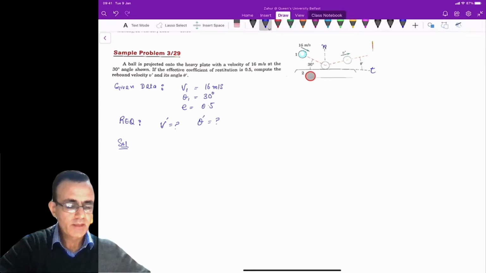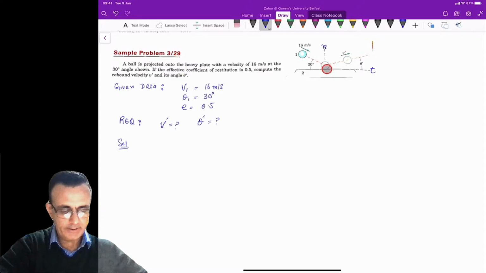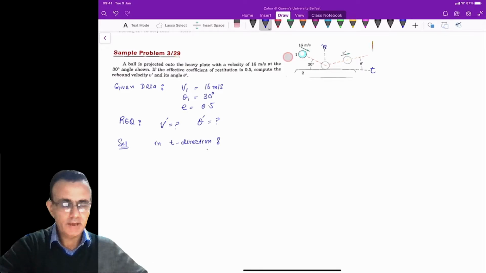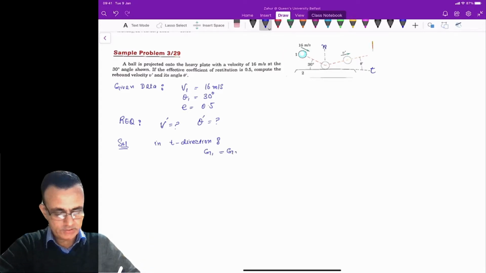Along the t direction, there is no contact force, so the velocity, or the momentum, of the particle will be conserved. So in the t direction, you can write that momentum before equals momentum after, just for particle 1.